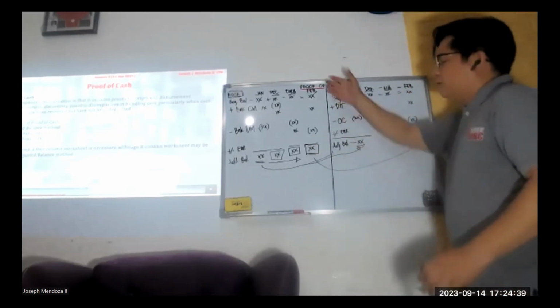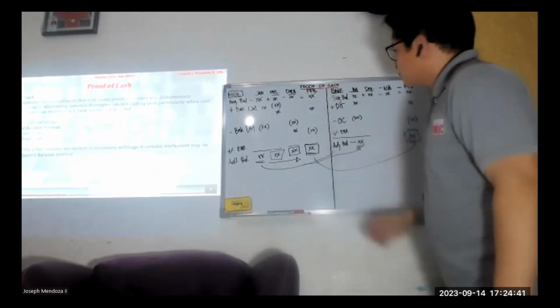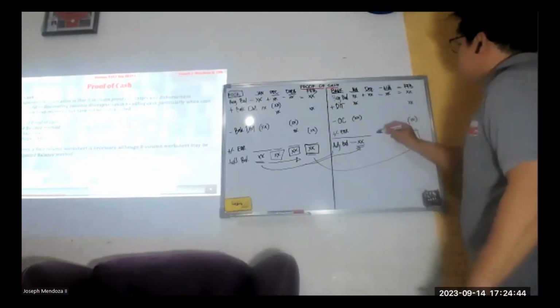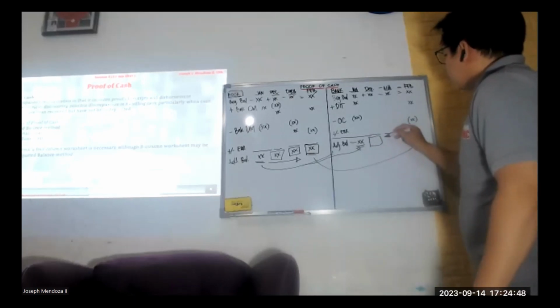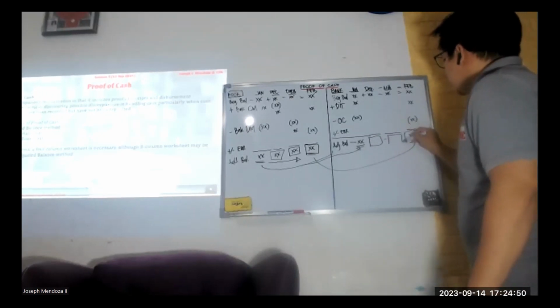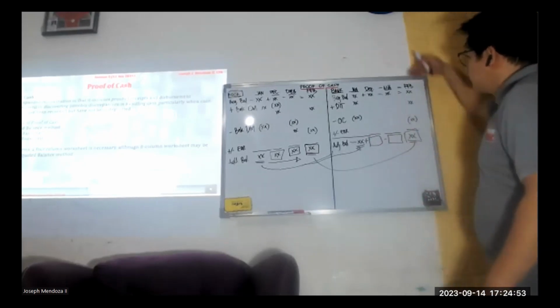The adjusted balance of February on book. Now, how to do it again? Dito naman sa side ng bank na hindi pababa.